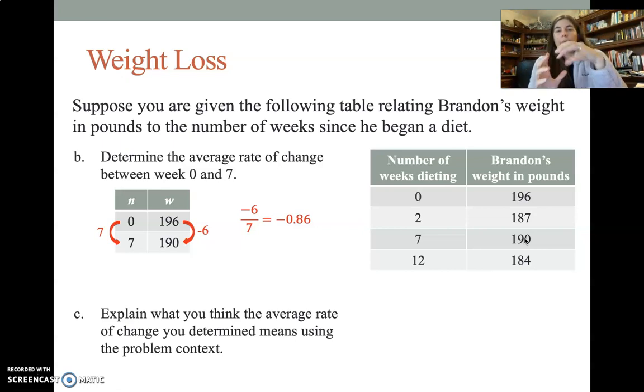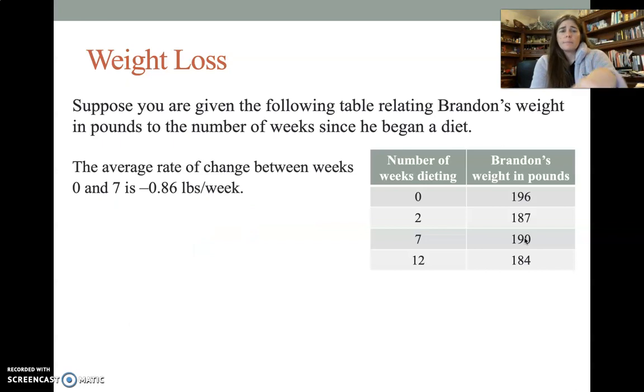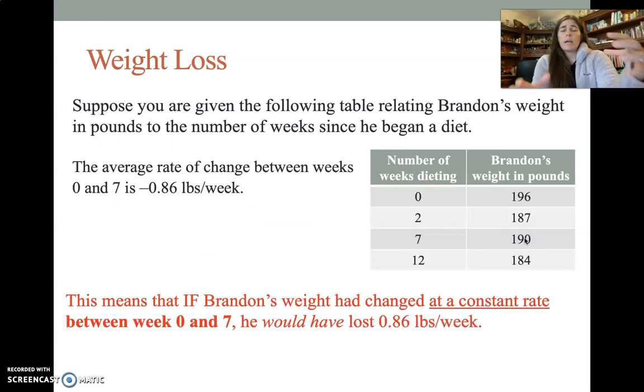Really what this average rate of change is finding is this hypothetical constant rate. So really what it's saying is if Brandon had lost weight at a constant rate, or if his weight changed at a constant rate, between week 0 and 7, that's very important because if I picked 2 different points, I would get a different average rate. So between week 0 and 7, he would have lost 0.86 pounds each week, right?